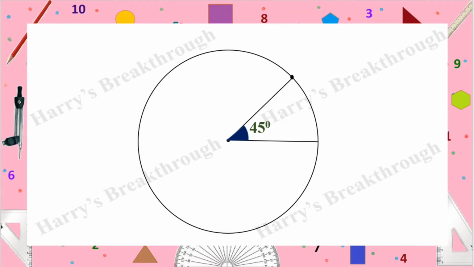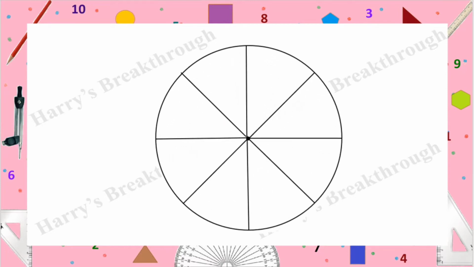I hope you all know this because in the previous classes we had divided a circle into 8 equal parts and the angle of each part was 45 degrees. So you know that this is one part of 8 equal parts.